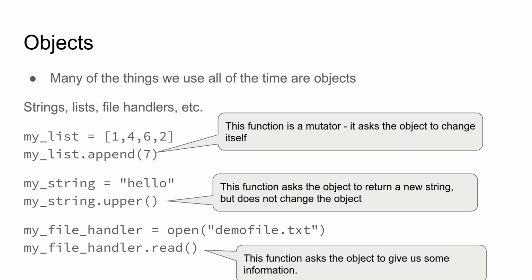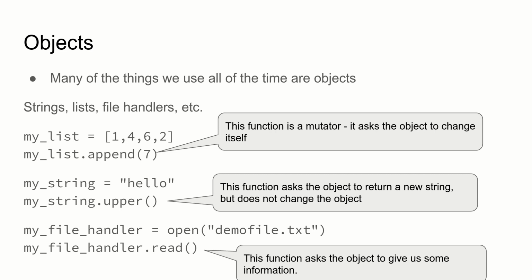So there's a wide range of types of functions that objects can have, but it's important to understand that those functions, when executed, are always doing things in reference to the object itself. For instance, when I say mylist.append, it knows who it's appending data to because my list is on the left-hand side of that dot.